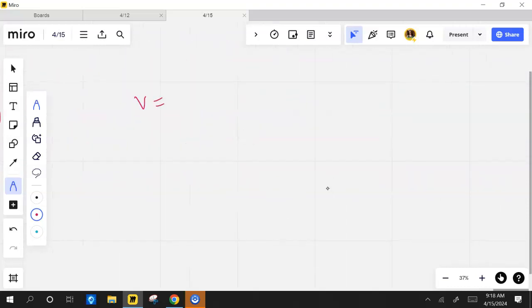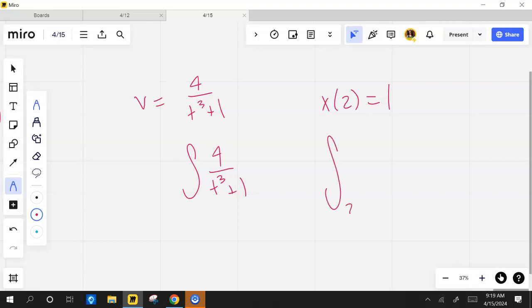Velocity is 4 over t cubed plus 1. The position of the particle is x equals 1 when t equals 2. So x of 2 is 1. So I'm doing an antiderivative here, of 4 over t cubed plus 1, but I need to do it as an integral from 2 to 4 of 4 over t cubed plus 1 dt.